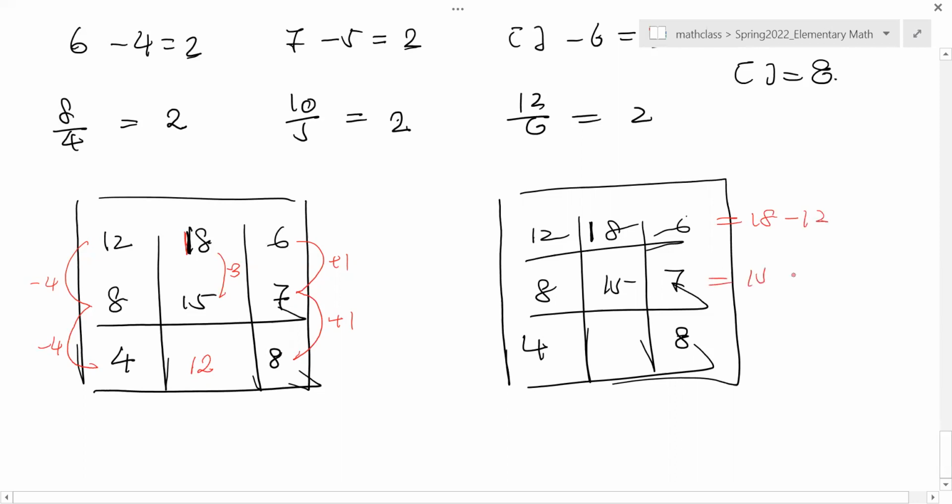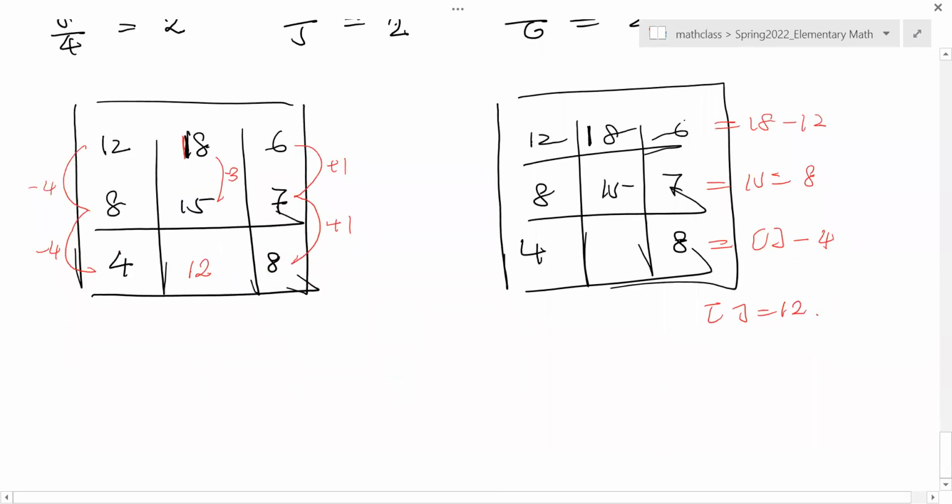So that'll be 15 minus 8. So 8 is going to be some number minus 4. What is the number? That number is going to be 12. That's another way to do it. And I have to double check all the numbers before I talk about it.